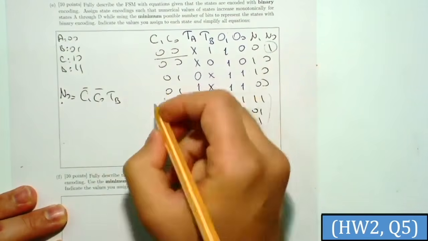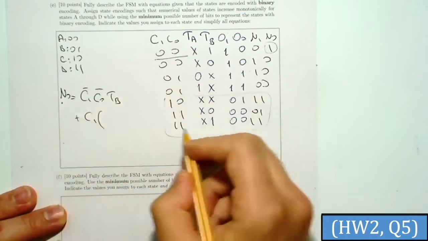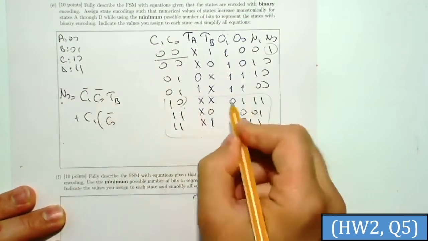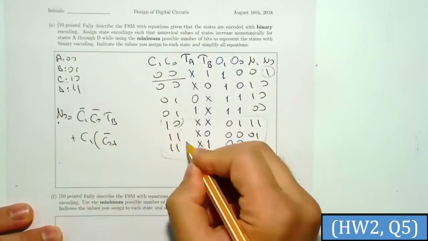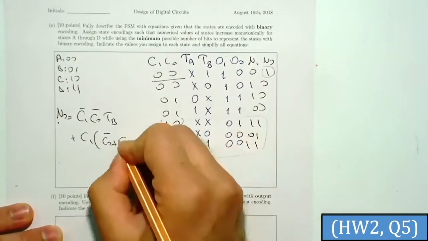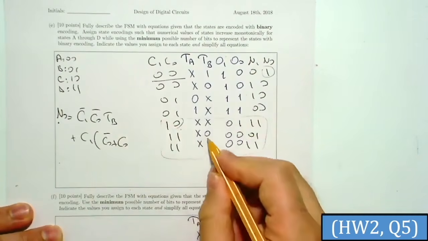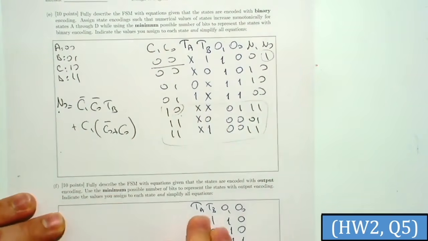Notice that I always have C1 as 1, and when C0 is 0, I don't depend on the TA or TB, or when C0 is 1, it also doesn't depend on either TA or TB. Okay, I guess that's the answer for that one. Let me check. Yeah.